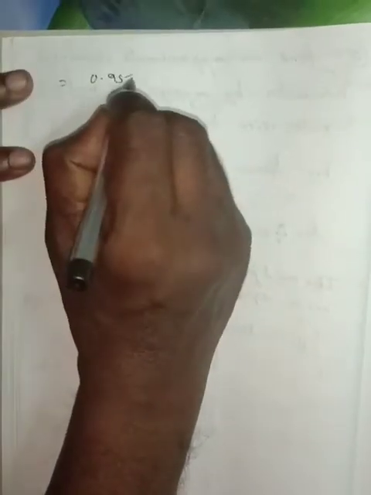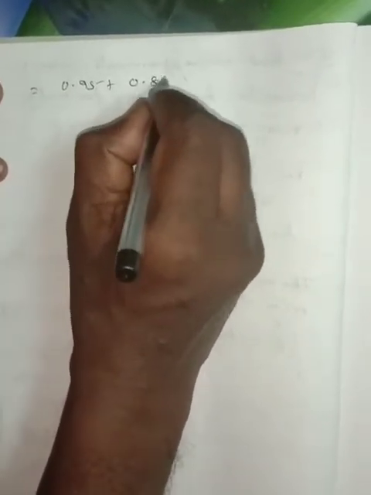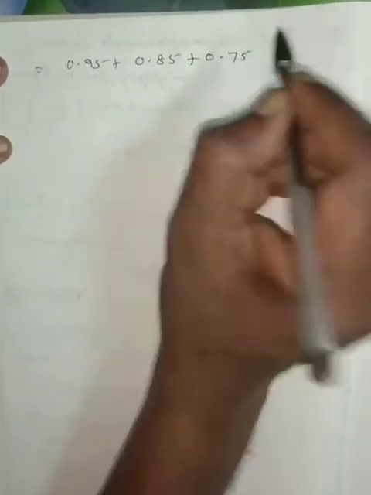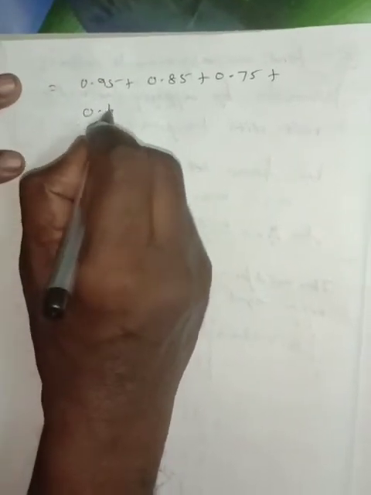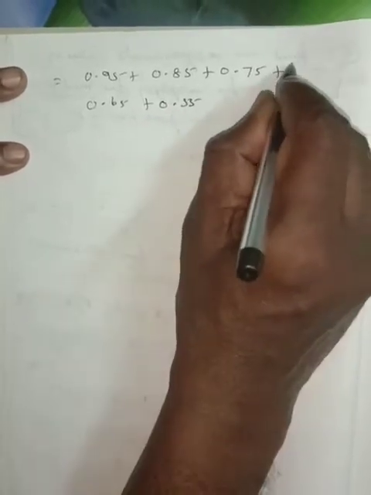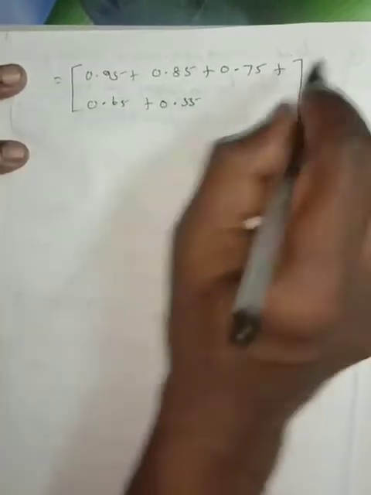plus 0.95 plus 0.85 plus 0.75 plus 0.65 plus 0.55 into 0.1.